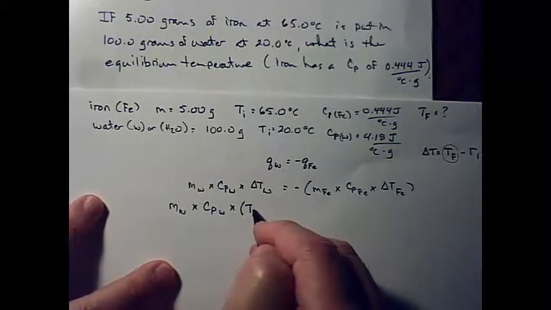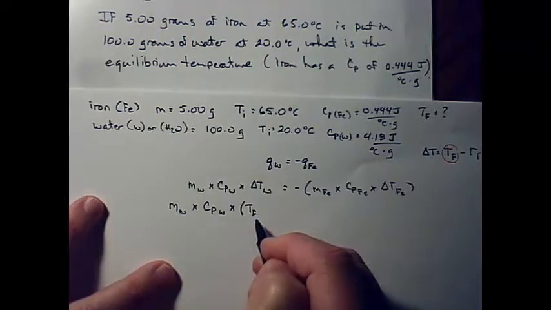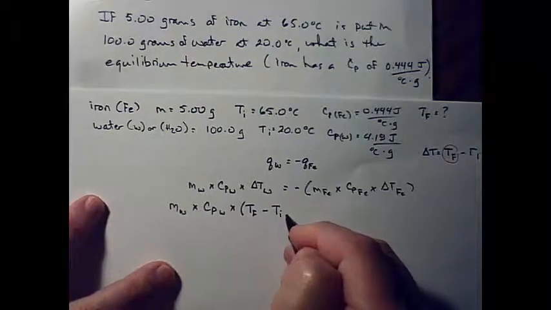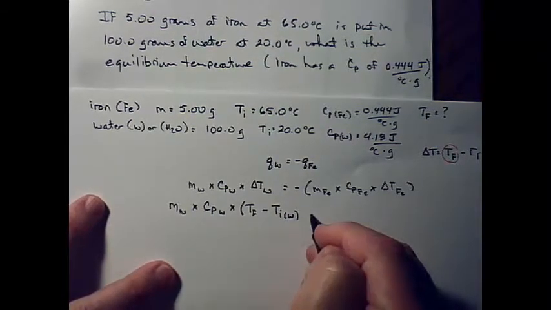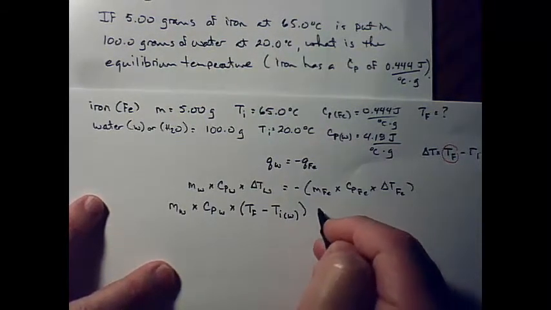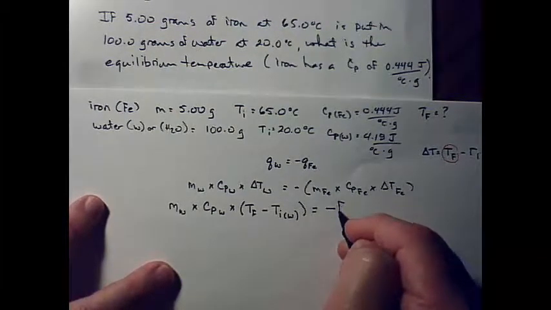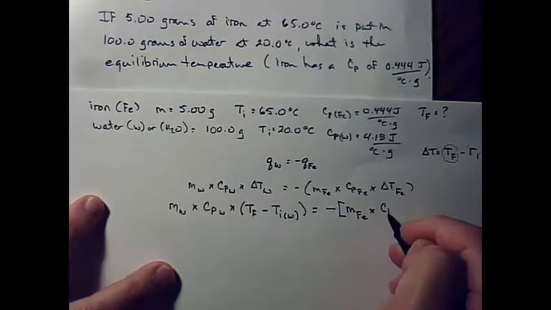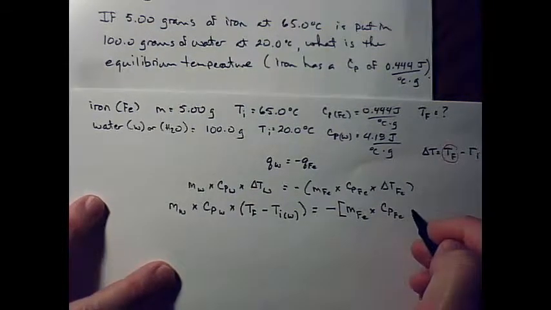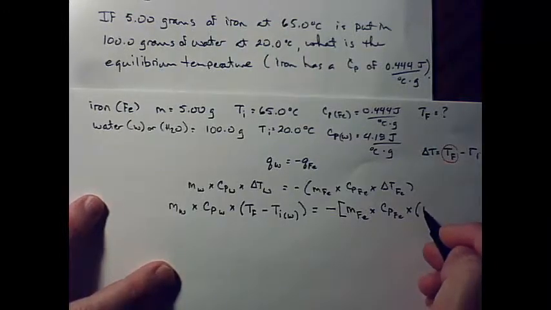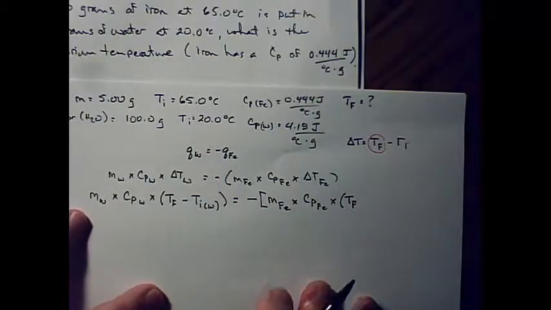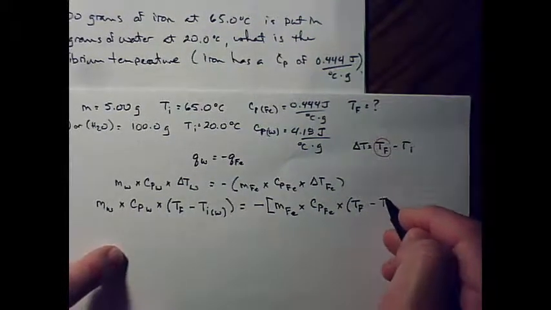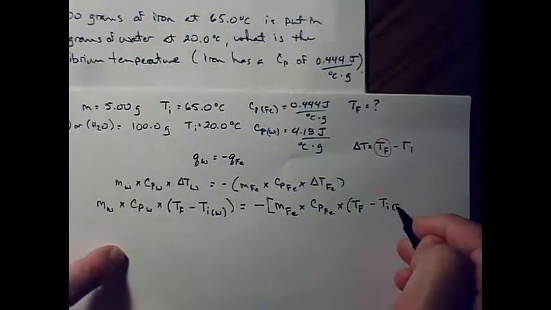Temperature final is the same for both of them, so I'm not going to identify that as either water or iron. But I do know that the initial temperature is for only the water here on this side. Close that parentheses. And that's going to equal the negative of mass for the iron times specific heat for the iron times temperature final again is the same on both sides, okay, because that's the equilibrium temperature. They're both going to reach the same temperature, minus temperature initial, and this is just for the iron.